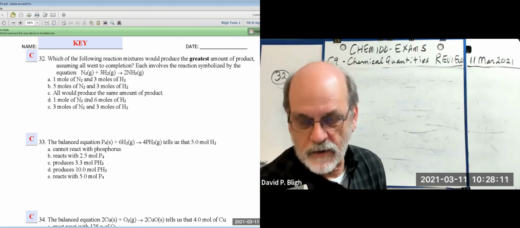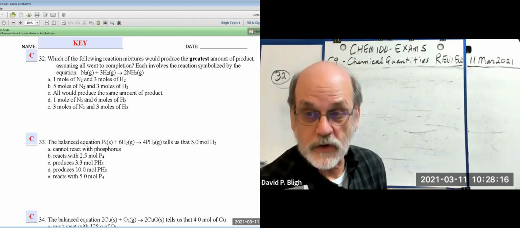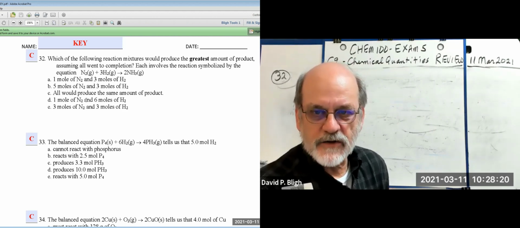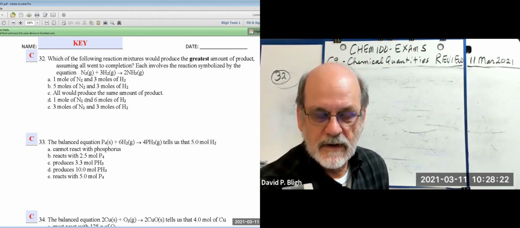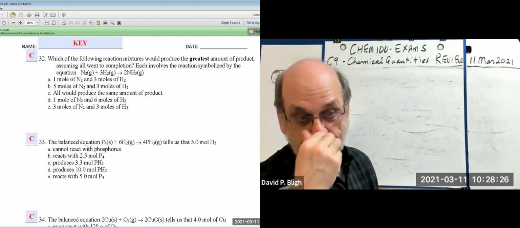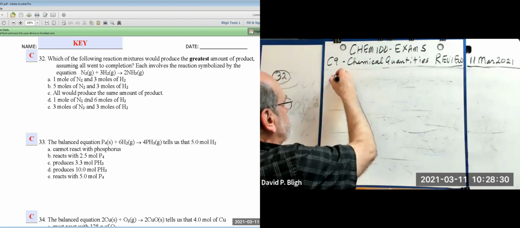And we're back to the Haber process. Assuming all reactions go to completion, right? That makes sense. Each involves the reaction symbolized by the equation N2 plus 3H2 yields 2NH3. Okay, so our balanced equation is this one.